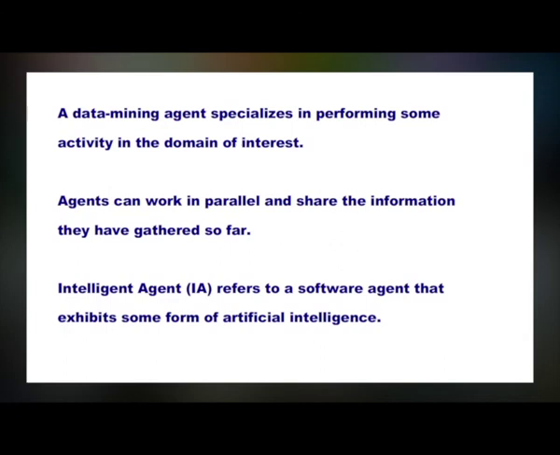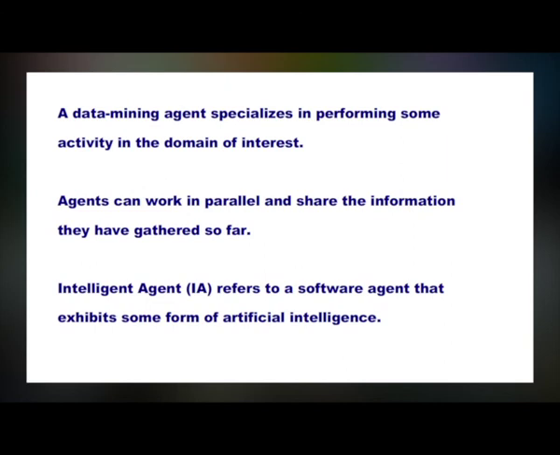And therefore, a data mining agent will specialize in performing some activity in the domain of interest for you according to the area in which you are working. Agents can work in parallel and share the information they have gathered so far. This is a typical advantage of an agent.